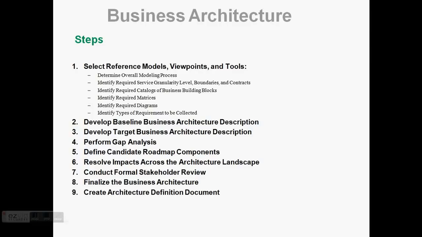The scope and level of detail to be defined will depend on the extent to which existing business elements are likely to be carried over into the target business architecture. Step 3 is about developing a target business architecture description. To do so, we develop a target description for the business architecture to the extent necessary to support the architecture vision.